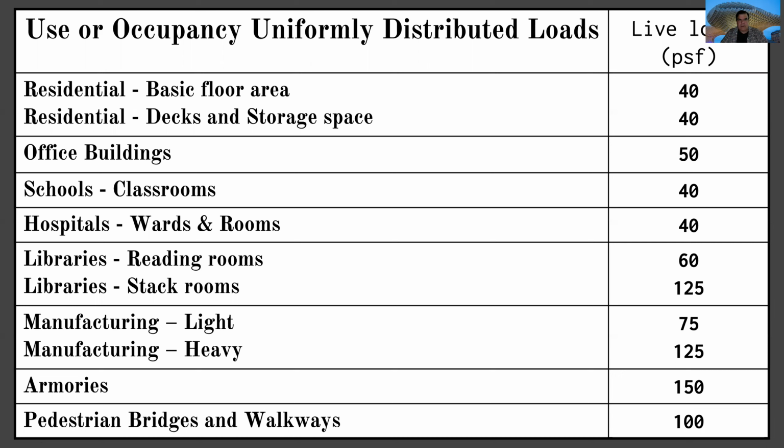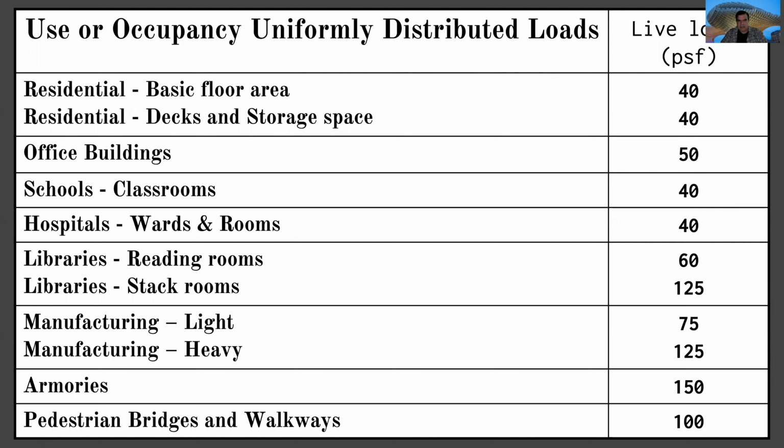Now, about occupancy loads, that depends on the type of building. For example, if we have a residential building, the occupancy load will be as small as 40 pounds per square foot.